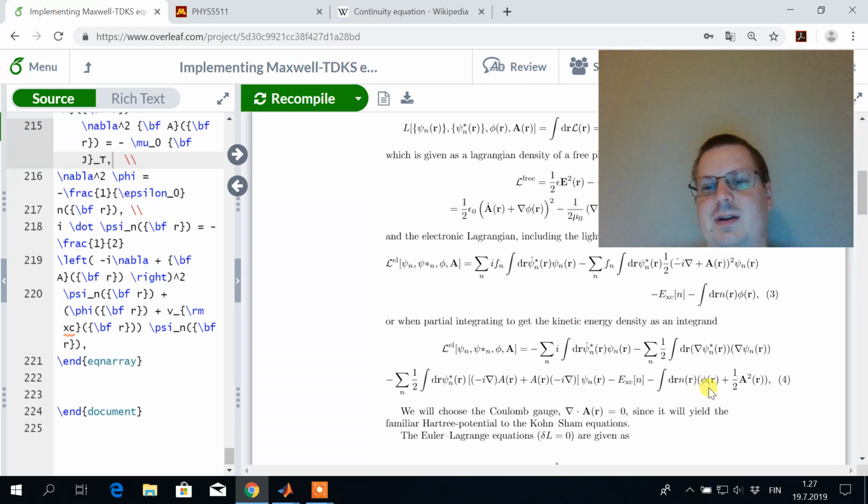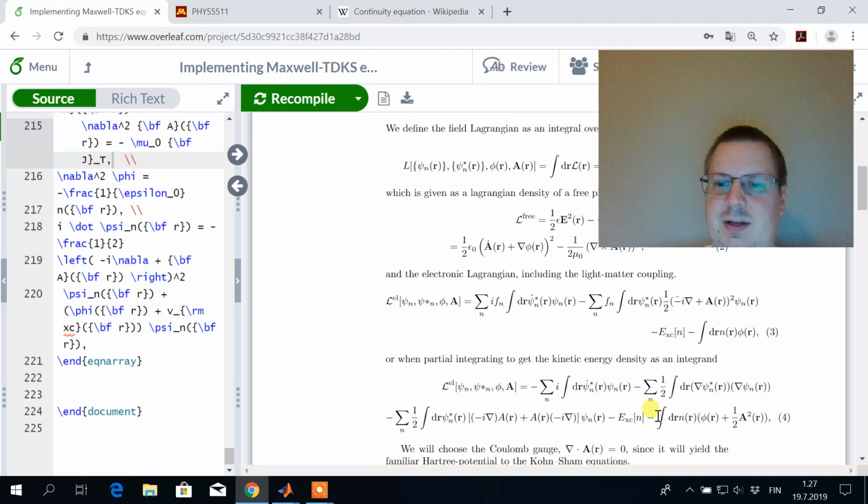So, factor of 1/2. So here we see that there's the phi times n. So this is actually too much in some sense. So it's actually twice the Hartree energy, if you think about it, because phi is the Poisson solution to density n, and usually you have 1/2. So if there wouldn't be any coupling to the Maxwell equations, there would be 1/2 for the Hartree energy.